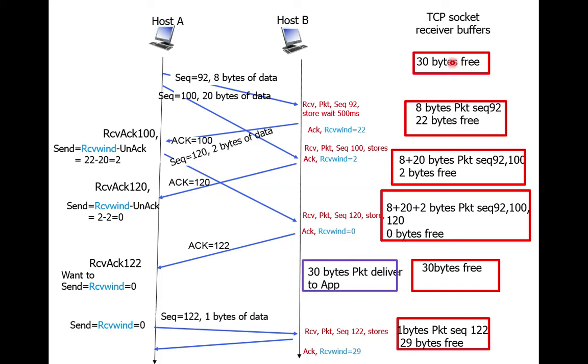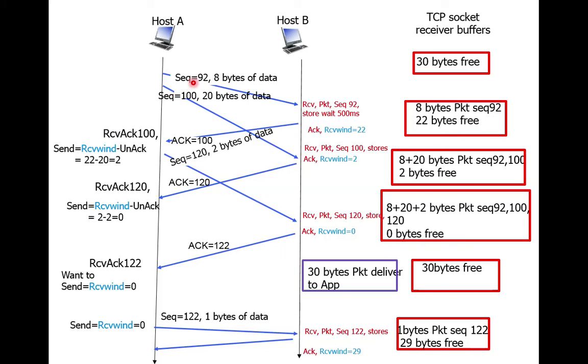This is the receiver buffer space at host B, 30 bytes. So host B informs host A that at the moment it has 30 bytes free space available. Suppose host A sends 2 packets.